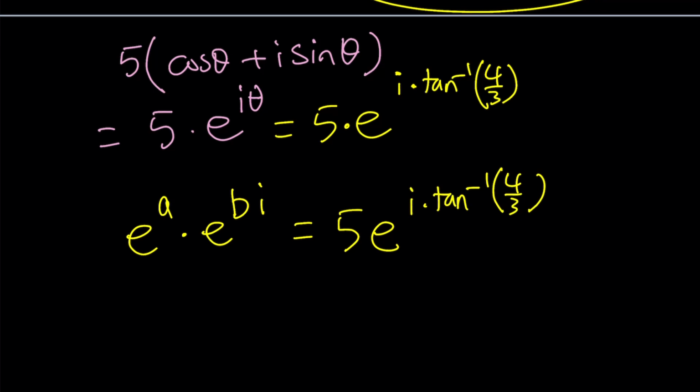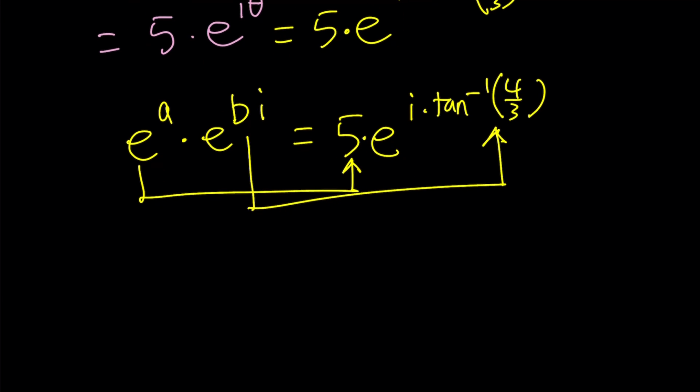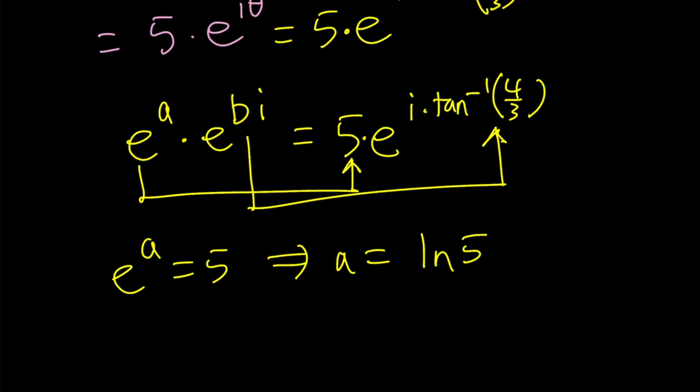Now, what do you think about this equality or equation? Well, it just means that the moduli are equal and the imaginary parts are equal. So these are going to be the imaginary pieces. And from here, we can safely say the following. e to the a equals 5, which means a is ln 5. By the way, a is real, so we can just do a real natural log here.